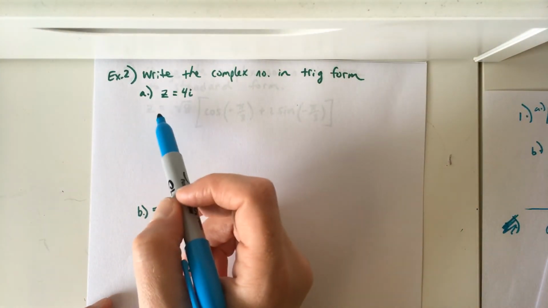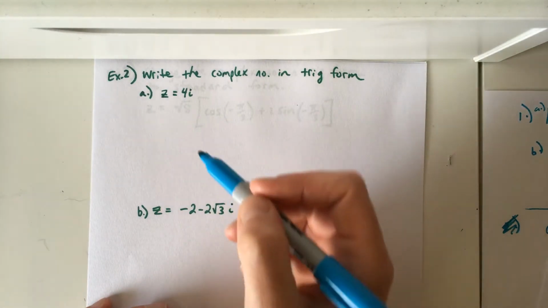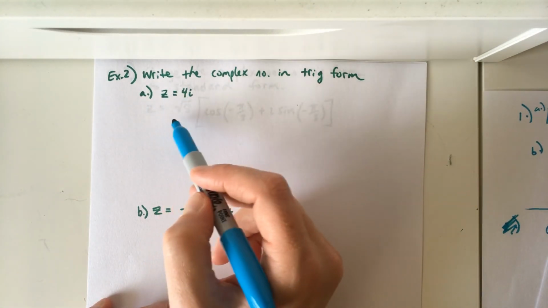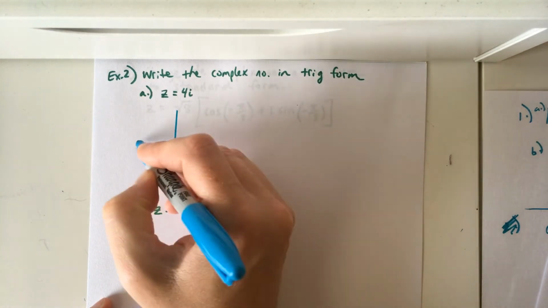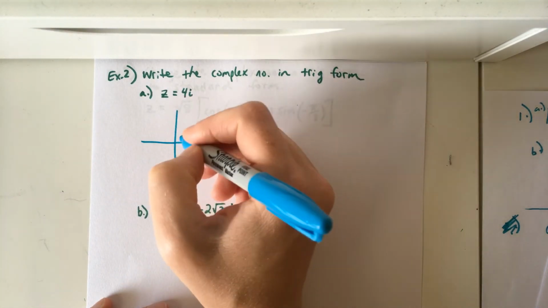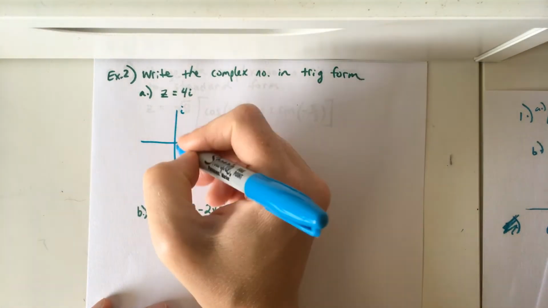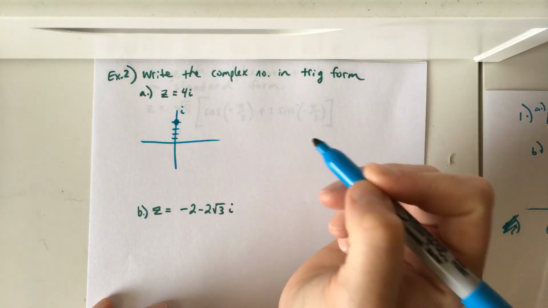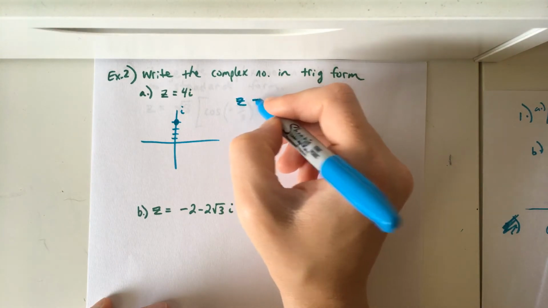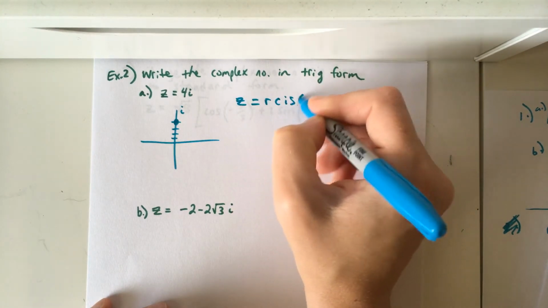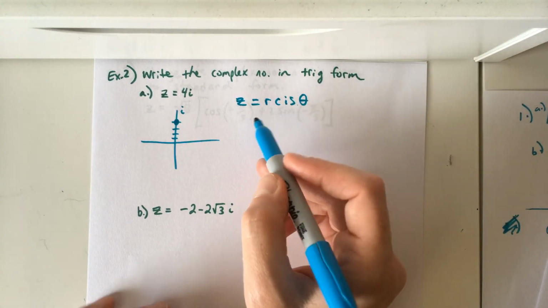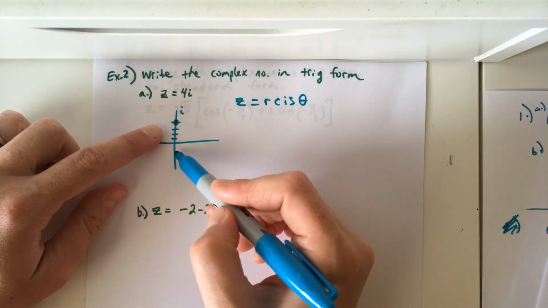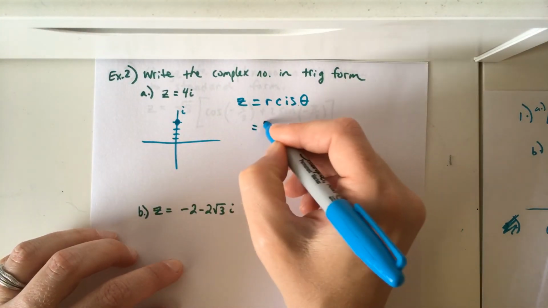Example 2, we want to write the complex number in trig form. Well, we can use formulas to do that, or we can think about that complex plane again. For 4i in the imaginary direction, 1, 2, 3, 4, is this point right here. Well, if we want to think about z equals r cis theta, the radius is the distance from the origin, and the distance from the origin here is clearly 4.